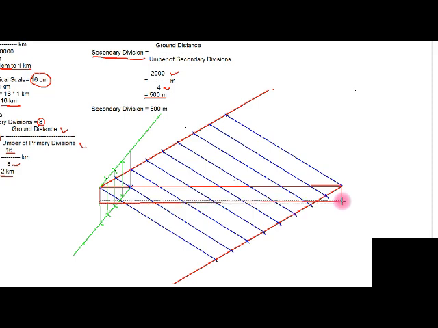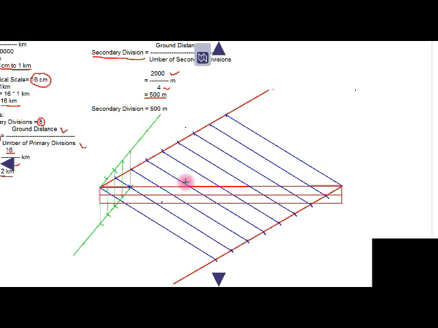It should be very perfect, otherwise it will be tilted, and accuracy will not matter, but the beauty of the graphical scale will be disturbed. So once you complete it, divide it by 1 centimeter. Okay, so you will have the best look of this graphical scale, and definitely there is some logic.